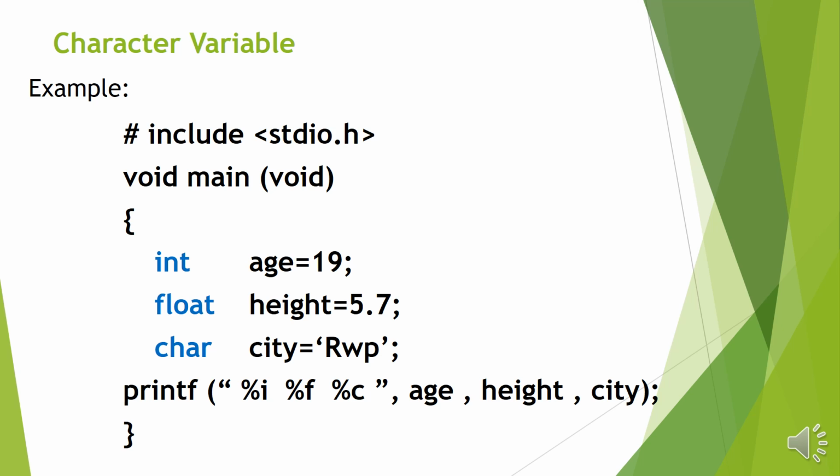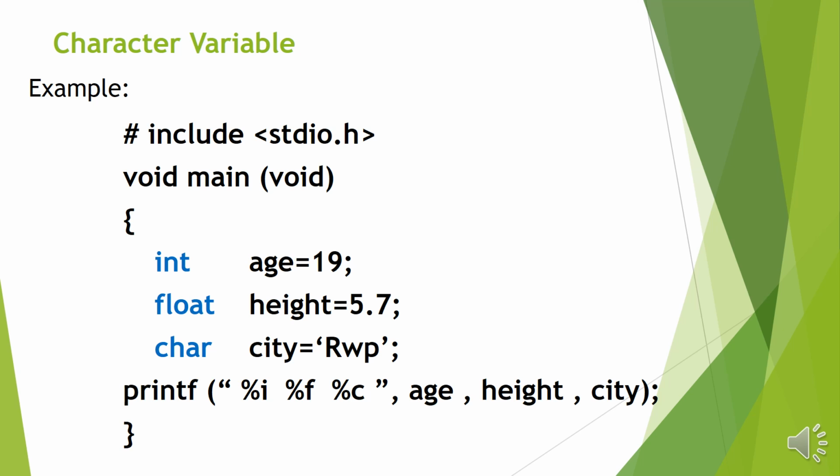Height is declared with the float data type, so we can store point data, and we assign the value 5.7 to height. Then the city data type is char, and char stores alphabetic data, so we can store Rawalpindi in city. One thing to remember: in the character data type, the value of the variable must be enclosed in single quotation marks. So city = 'Rawalpindi', enclosed in single quotations.